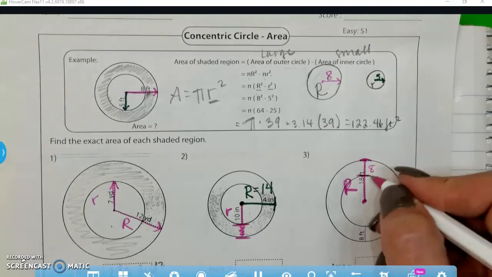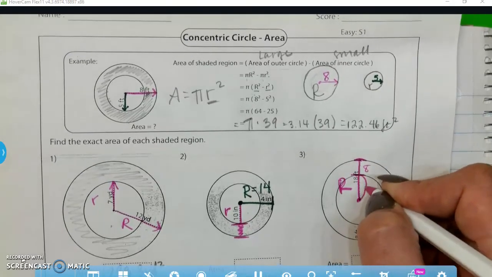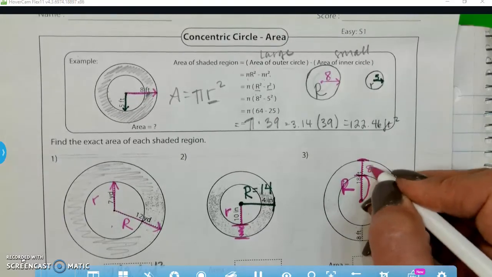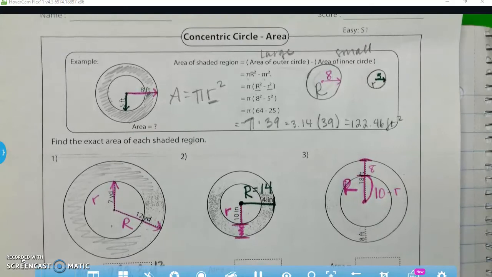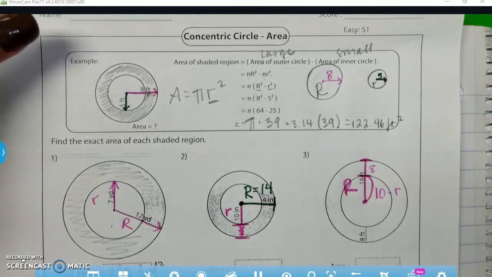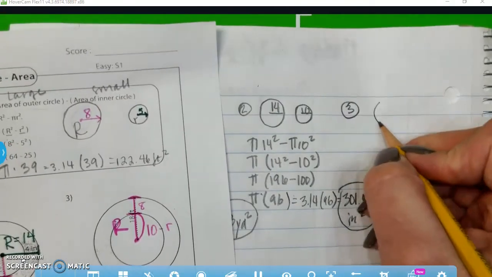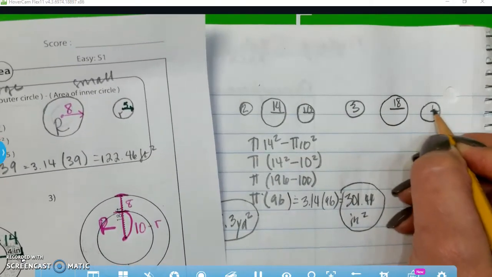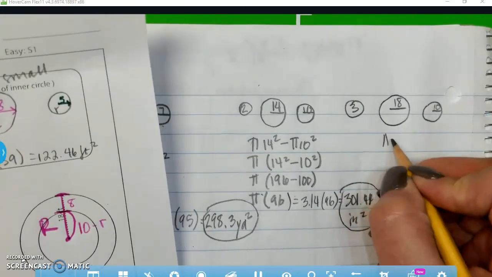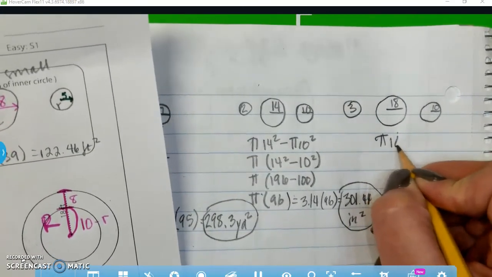So that means this section, if together they're 18, this is 8, then that means the small radius would be 10. So 18 and 10. And the process is going to be absolutely the same.